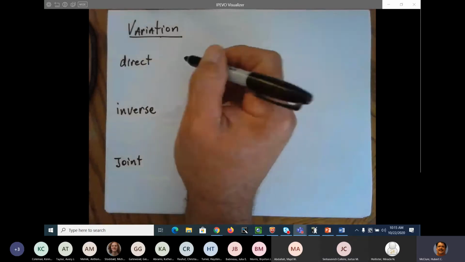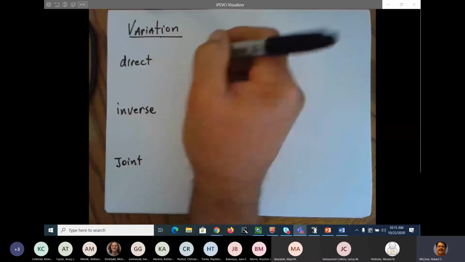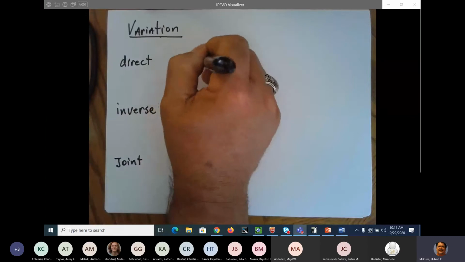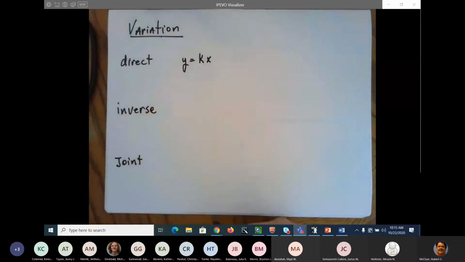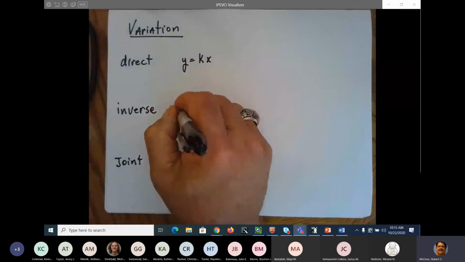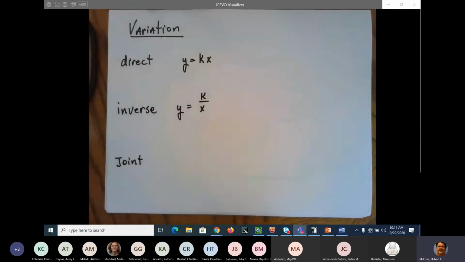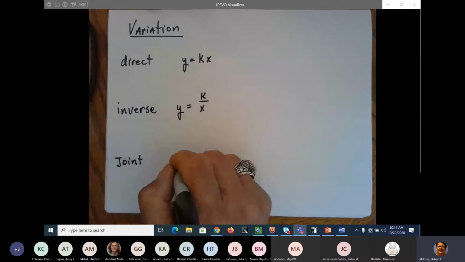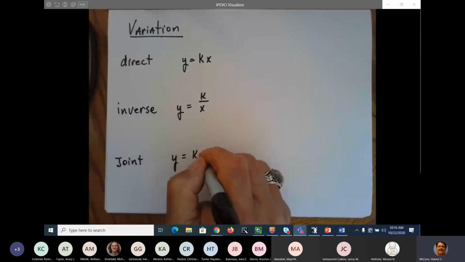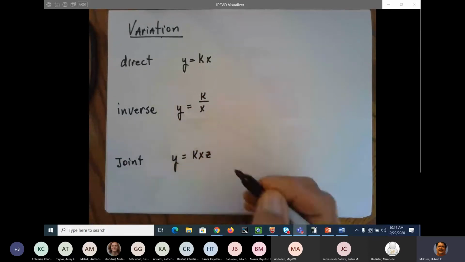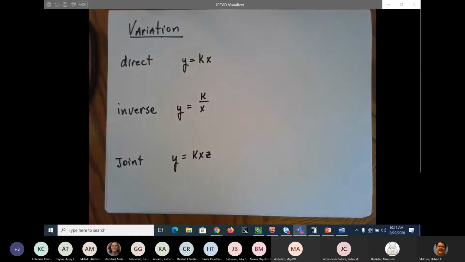All right. Direct variation: Y is equal to K times X. Inverse variation: Y is equal to K over X. And joint variation: Y is equal to K X Z. Now there's some things you need to remember about variation.